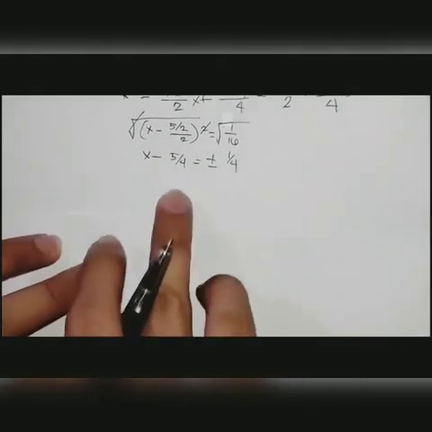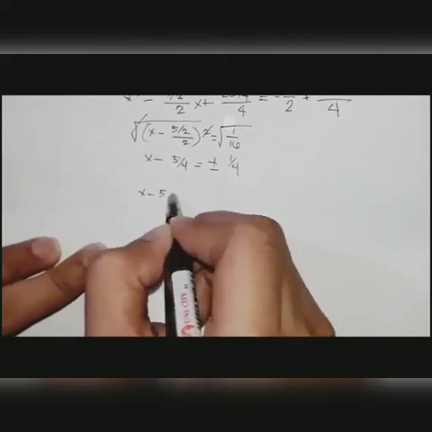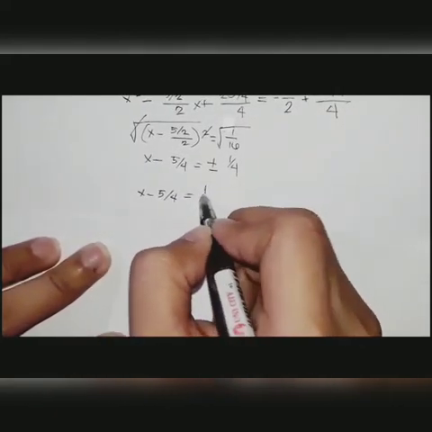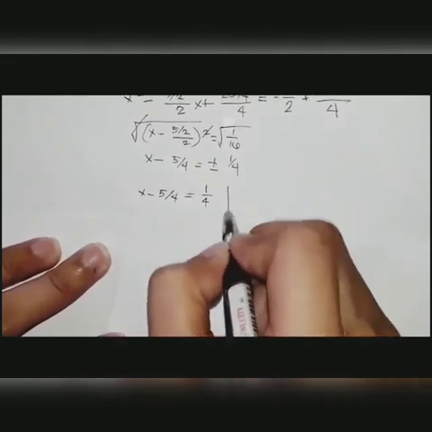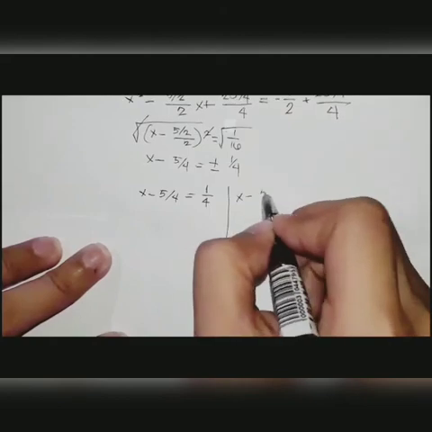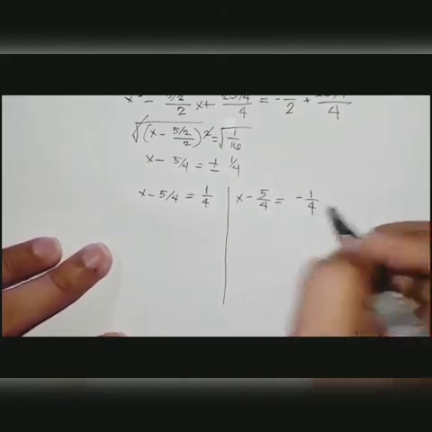Next is to break this equation. This will become x minus 5 over 4 is equal to a positive 1/4. Then x minus 5 over 4 is equal to negative 1/4.